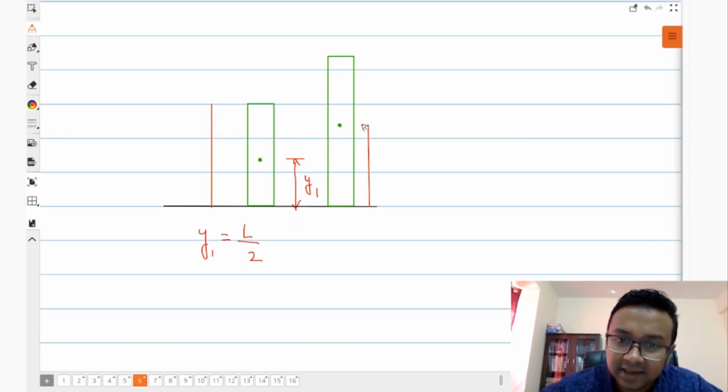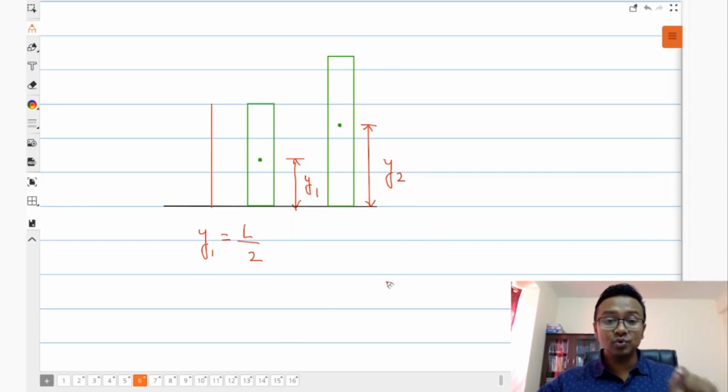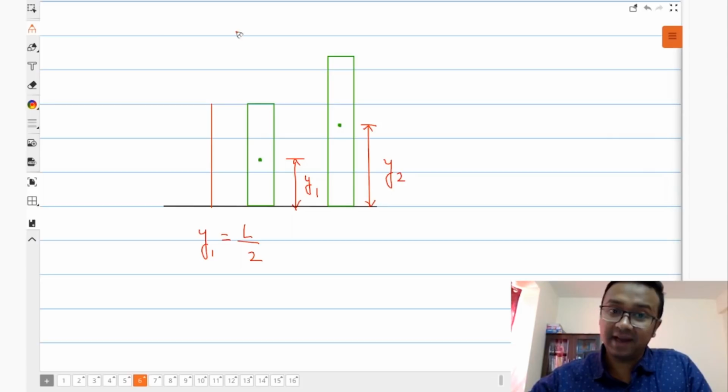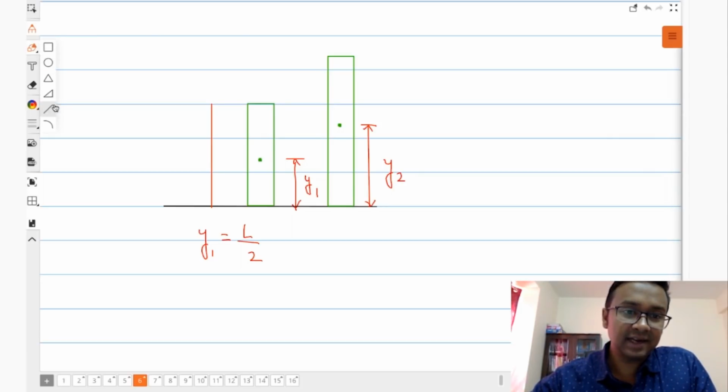Call this position y2. So students, what is going to be y2? Let us just understand that. By how much has the particular rod moved up?